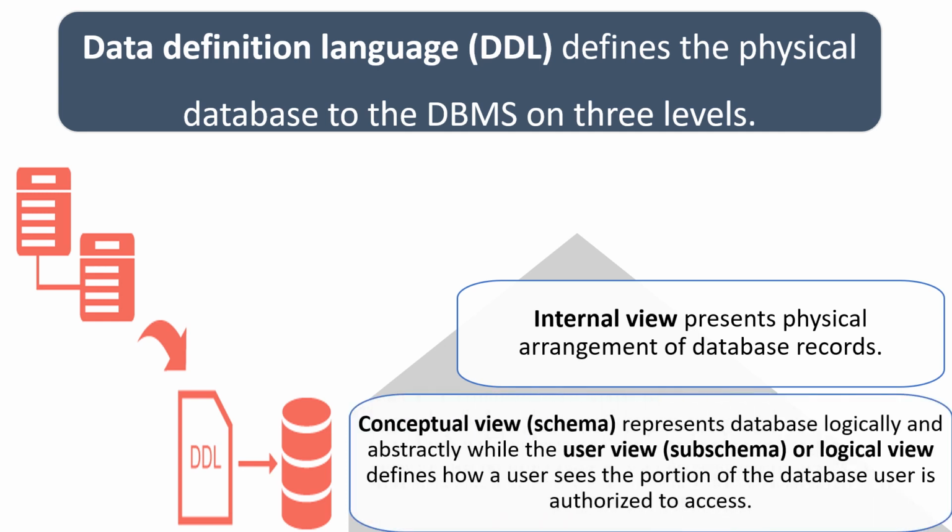The second is the conceptual view, or the schema, which represents the database logically and abstractly. The third is the user's view, which we can call the sub-schema or logical view. It defines how users see the portion of the database they are authorized to access.